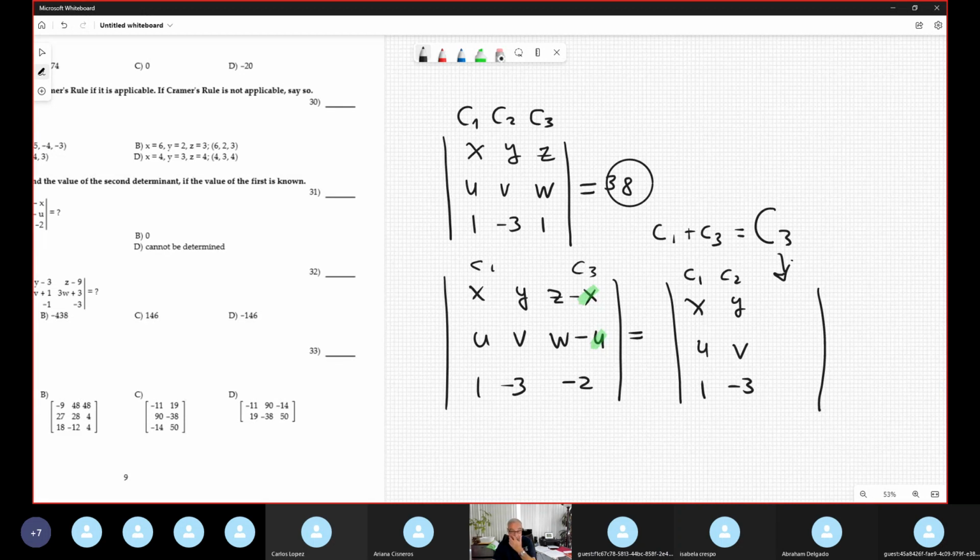So you add X plus Z minus X. Es obvio que this X is cancelled and stays Z. Likewise, in the column 2 is U plus W minus U, so the U part cancels out, the part I want to eliminate, and it's W. And here is 1 minus 2, es, a ver, es -2, ¿no? ¿Es -2?